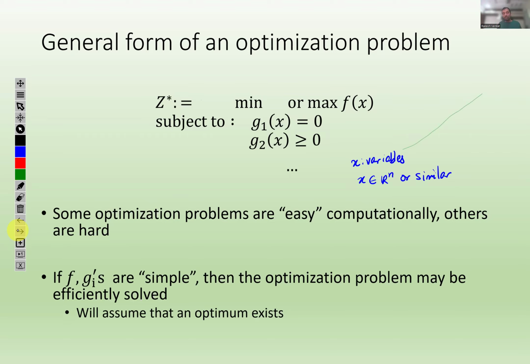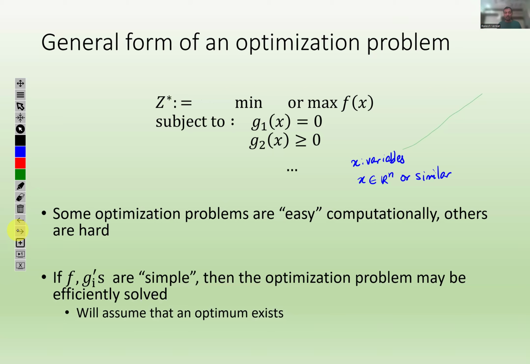On the reverse side, if f and g are simple in some way, then the optimization problem may be efficiently solved. The simpler f and g are, the more you can expect to solve it. Now, in most cases that we'll use today, I'm going to implicitly assume that the optimum exists.